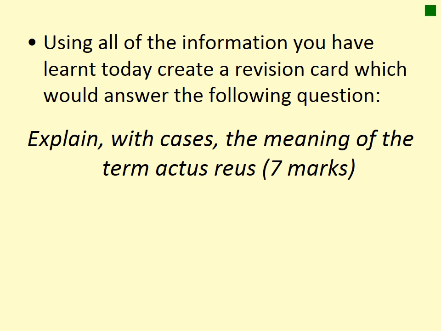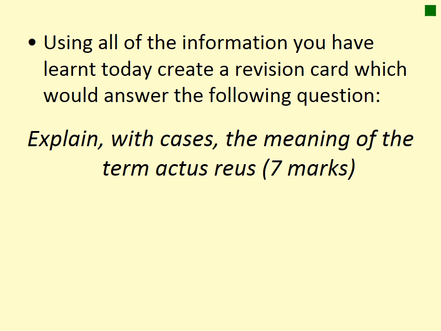So, using all the information that you've seen in this video, you are now going to be able to create a revision card which would answer the following question. Explain with cases the meaning of the term actus reus.